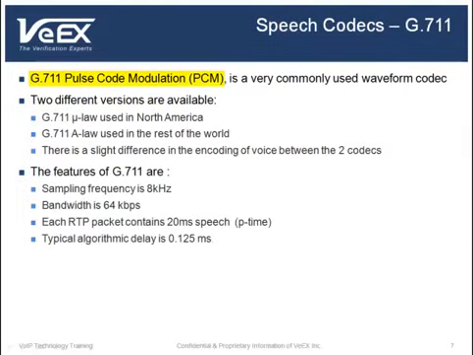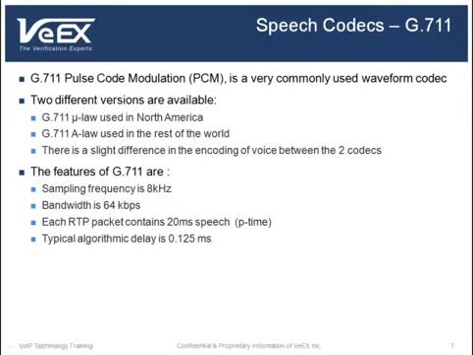The G711 PCM codec is a commonly used waveform codec, with two different versions available. The G711 mu-law is used in North America, and the G711 A-law is used in the rest of the world. There is a slight difference between the two codecs in the way speech is encoded.